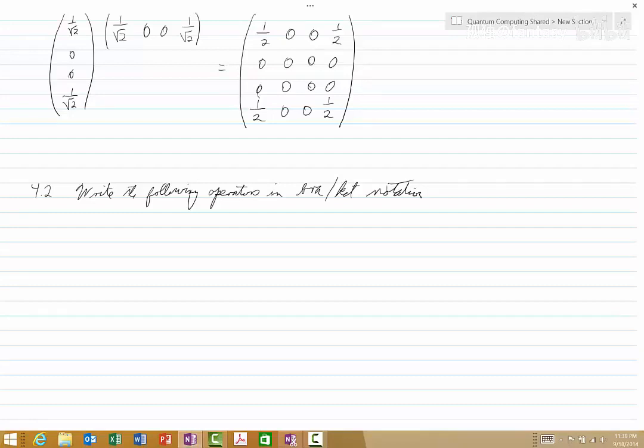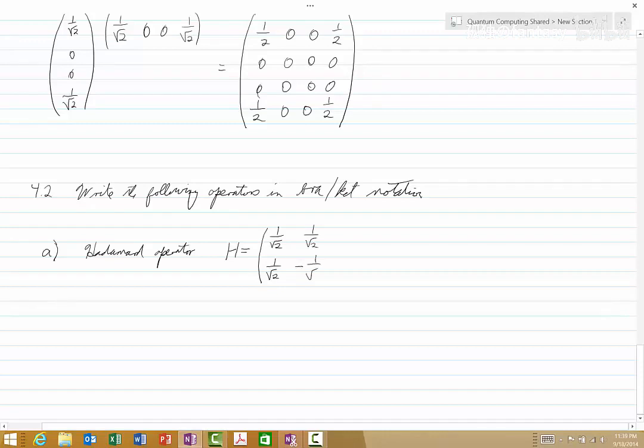So let's start off with A. It is the Hadamard operator, which is worth knowing, and it is usually denoted H. In the case of a 1-qubit system, the Hadamard operator will have this form: 1 over square root of 2, 1 over square root of 2, 1 over square root of 2, minus 1 over square root of 2.